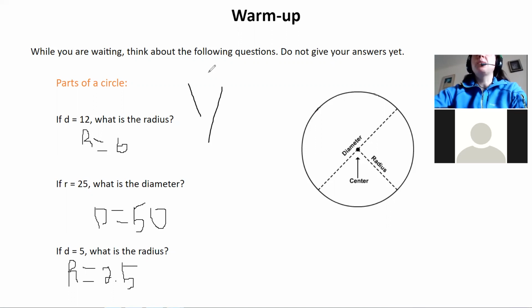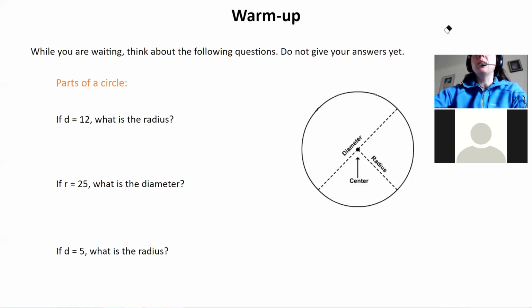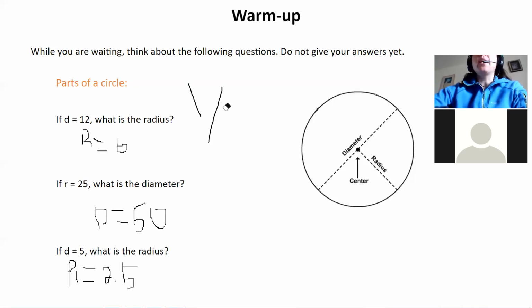I can do it with my mouse, but it doesn't work very well. But that's okay. Oh, no, I didn't want to do that. Undo. There we go. All right.